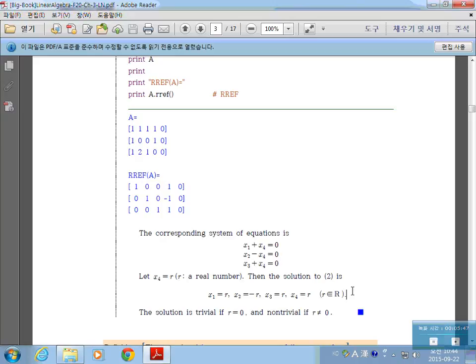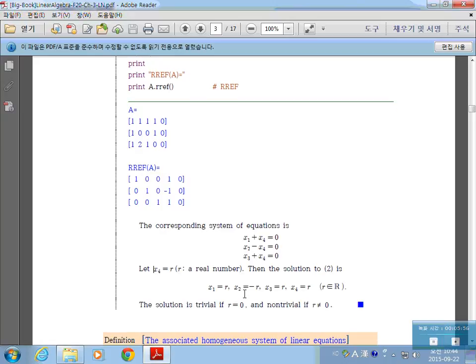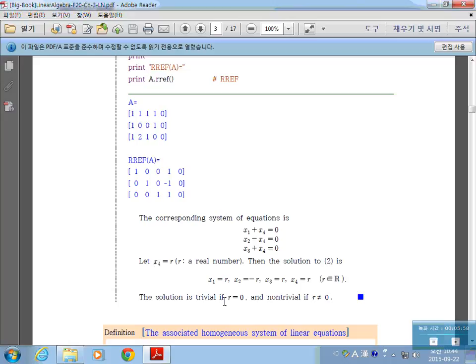All the other xi's can be written using this r. This can happen for any r, which means r may not be 0. That means this solution can be a non-trivial solution.